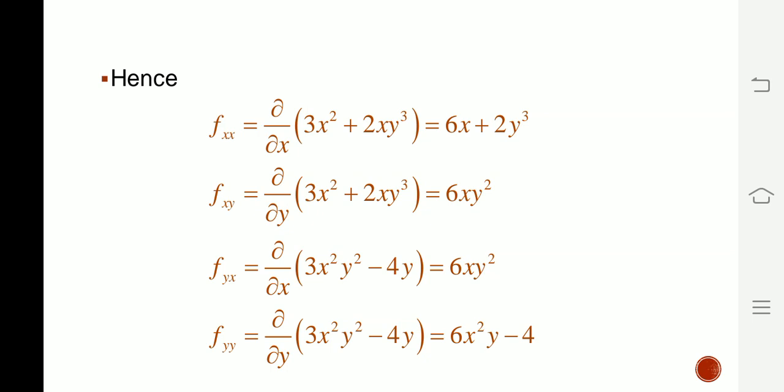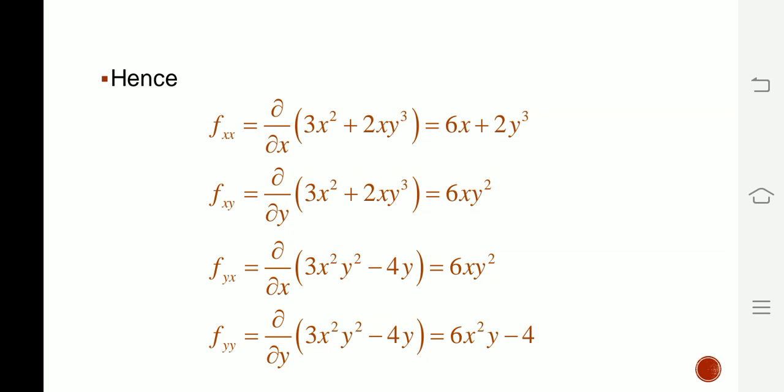Similarly, take the partial derivative of fx with respect to y. We get fxy, that is treating x as a constant, the derivative of 3x square is equal to 0. Only we have to take the derivative of 2xy cube, which is equal to 6xy square. Again, for fyx, taking the derivative of fy with respect to x, we get 6xy square.